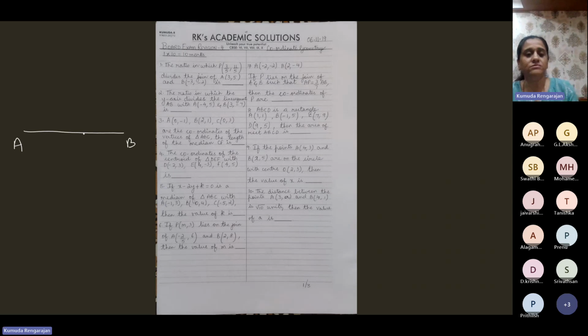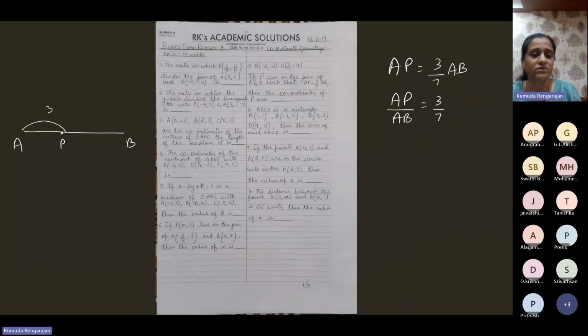P lies on AB. See what is given, AP is equal to 3 by 7 AB, which means AP by AB is equal to 3 by 7. So AP is 3 parts and AB is 7 parts. But we need the ratio AP is to PB, which is 3 is to 4, because 7 minus 3 is 4.